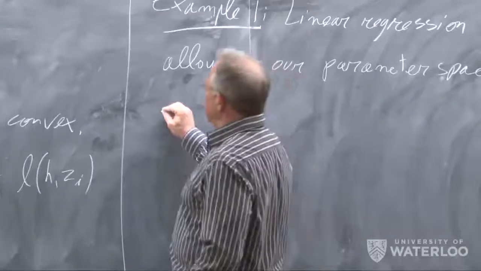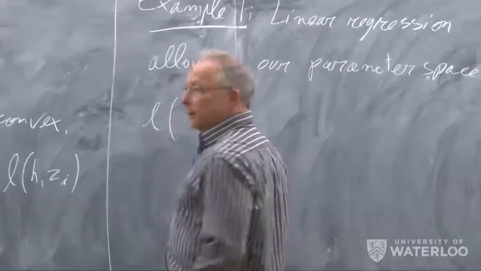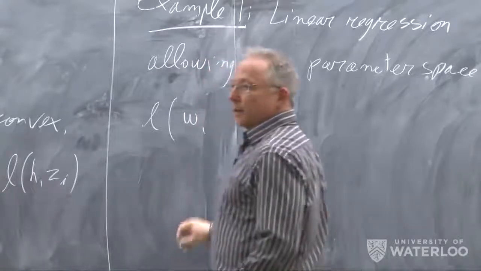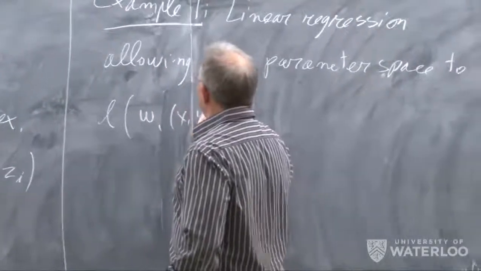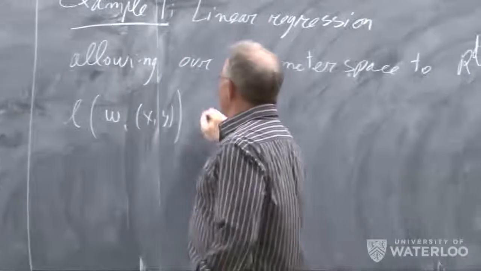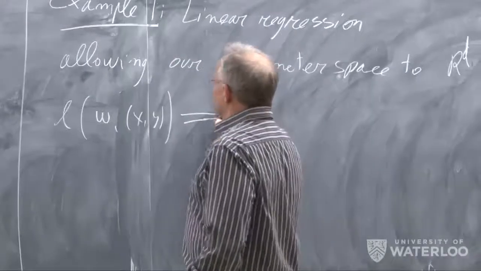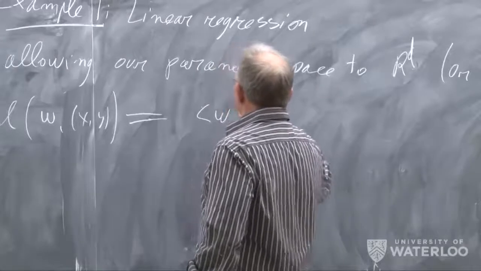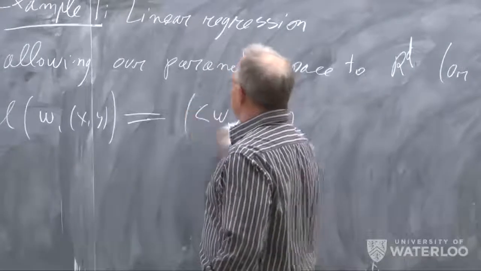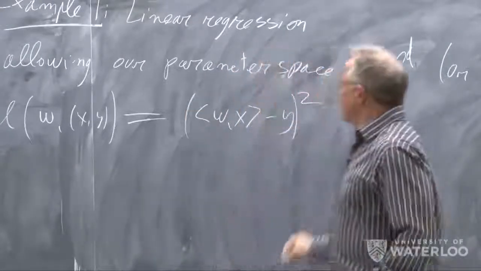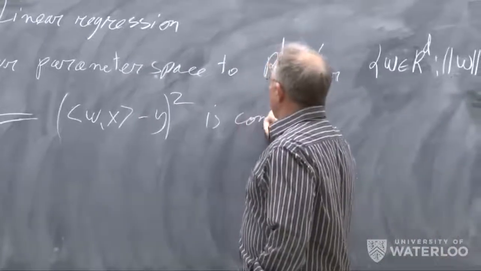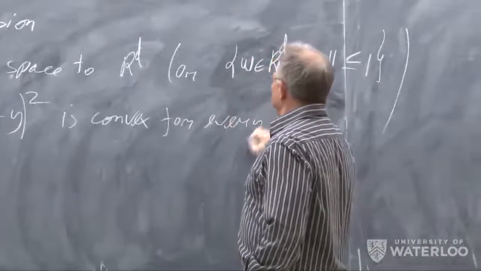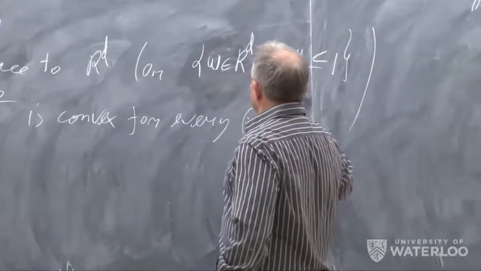We have already noticed that L, the loss of such a W on a point Z, which is (x, y), defined as (Wx minus y) squared, is convex for every pair (x, y).